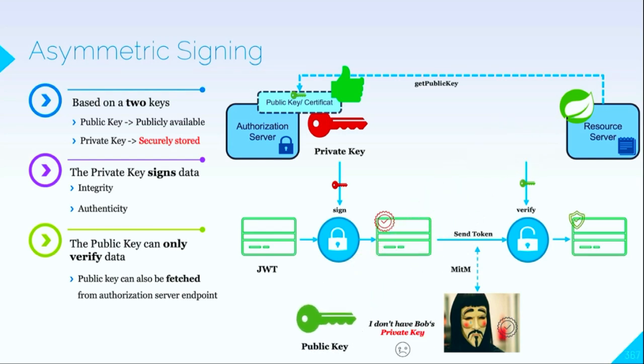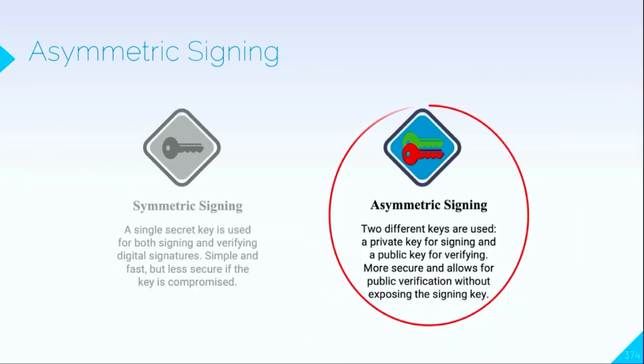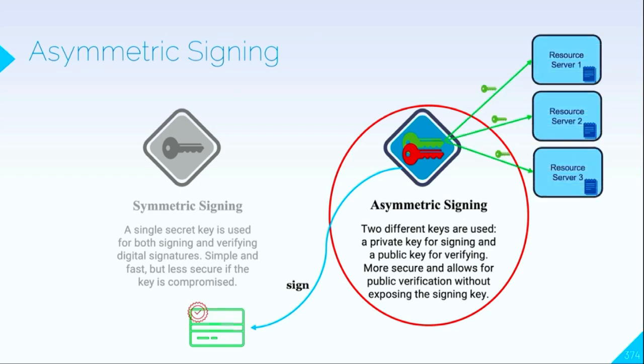Even if he has the public key, he can only verify messages but not sign them. That's why even if we have 100 OAuth 2 clients, each with a public key, we ensure that only our trusted authorization server can sign the tokens. That's why we use the asymmetric signing method for signing OAuth 2 access tokens. The resource servers need only the public key to validate the JWT token, where the authorization server is the only party that possesses the private key used for signing the tokens.